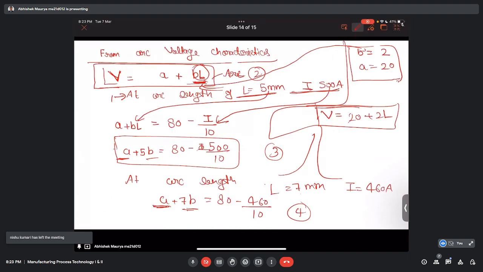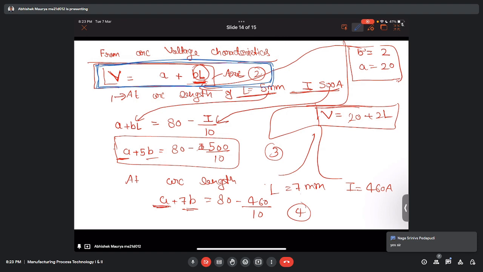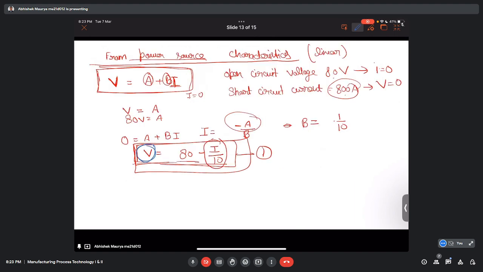So Srinivas, up to this, is it clear how we have written this equation? In this equation, we are trying to find a relationship between voltage and arc length. This voltage is the same as this voltage.